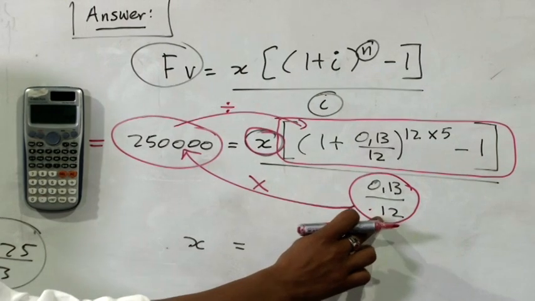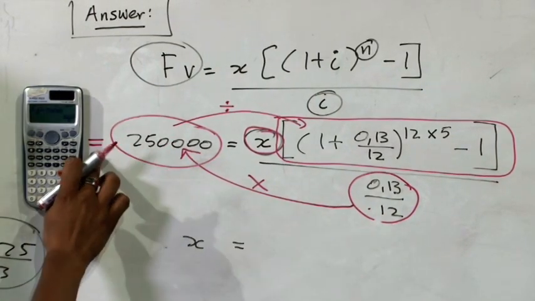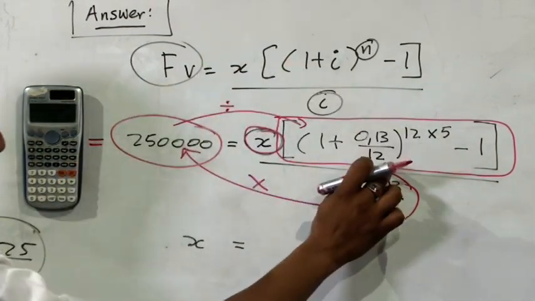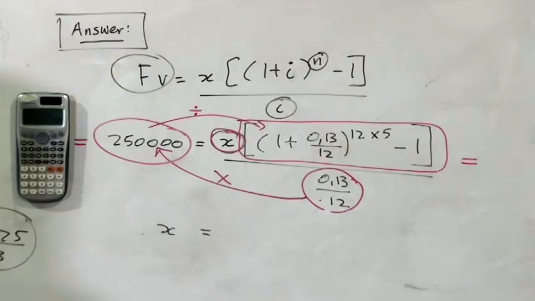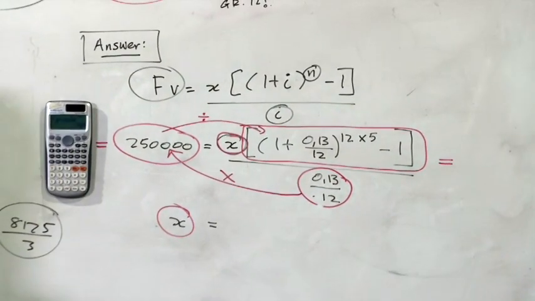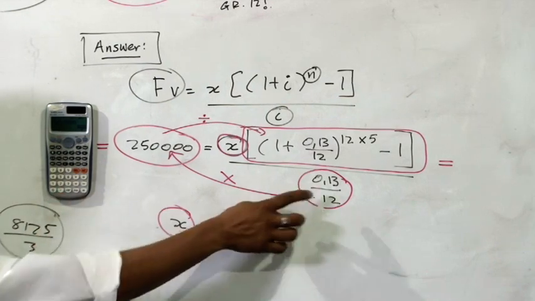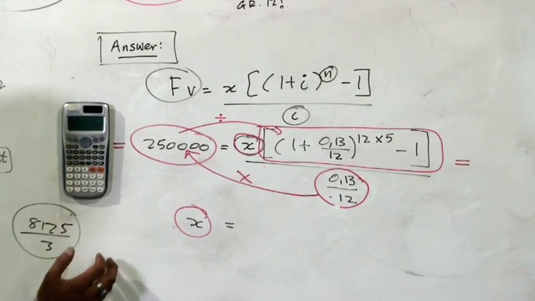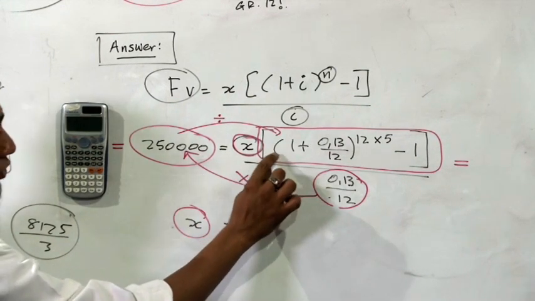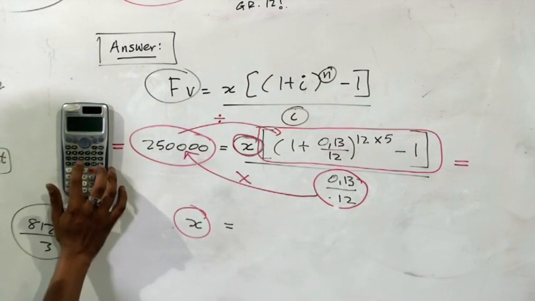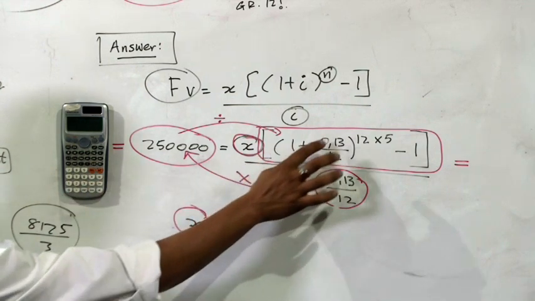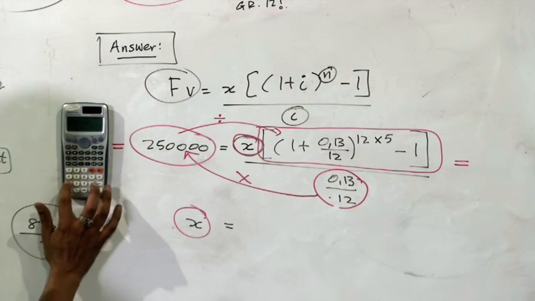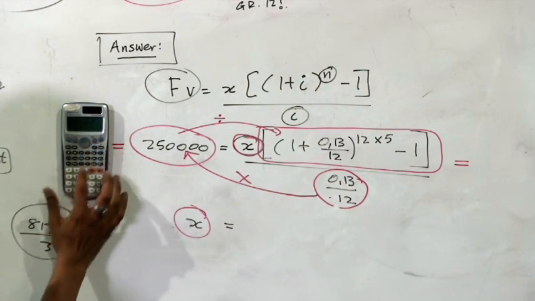So we start with the denominator, multiply, press equals, then you divide it by this whole thing and press equals again. And that will give you your X amount. So here goes. We got 8125 over 3 divided by bracket, bracket. You've got two brackets here, guys. Bracket, bracket, 1 plus fraction 0,13 over 12.